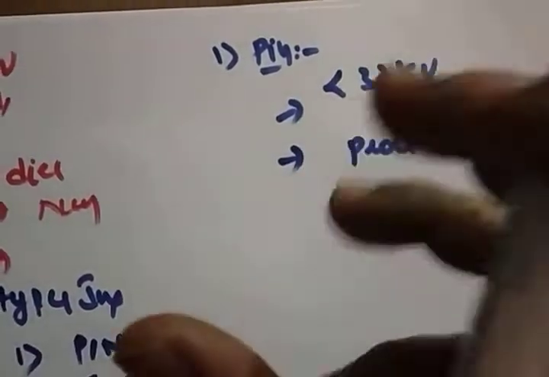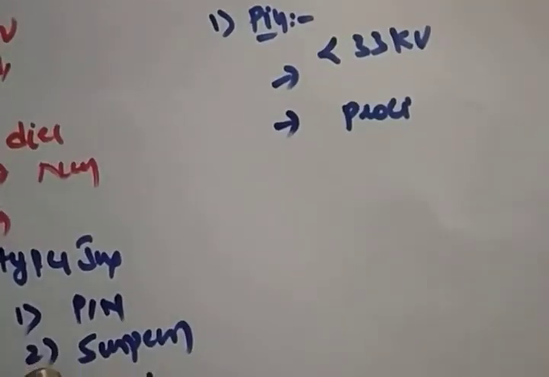Only porcelain is used for manufacturing these insulators. Why? Because the temperature coefficient is a major factor affecting the design of insulators. If the temperature increases, the porcelain material won't melt, unlike any other material, which will definitely melt with increasing temperature.